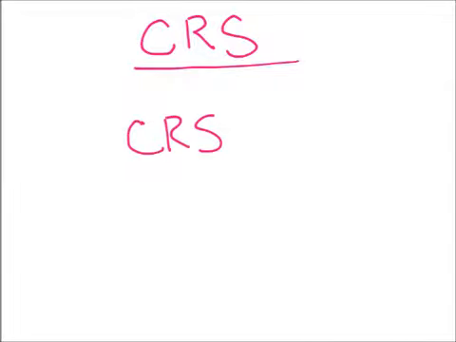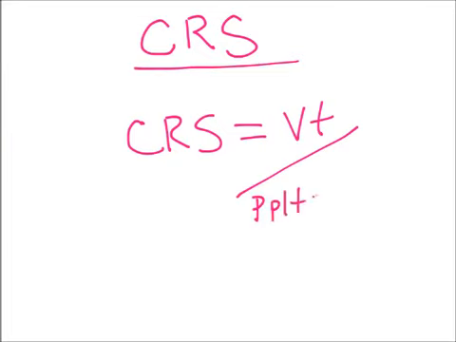My static compliance is equal to my tidal volume divided by my plateau pressure minus my set PEEP value. So my static compliance is going to be in liters per centimeter of water.